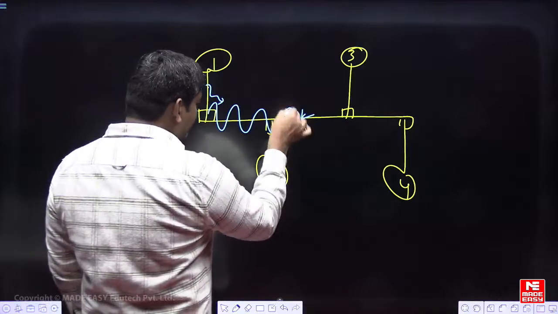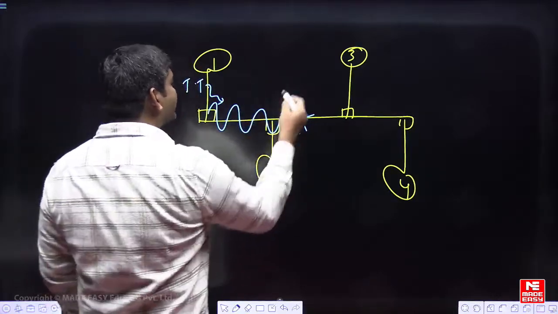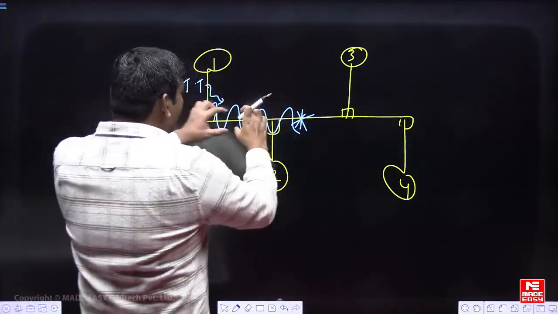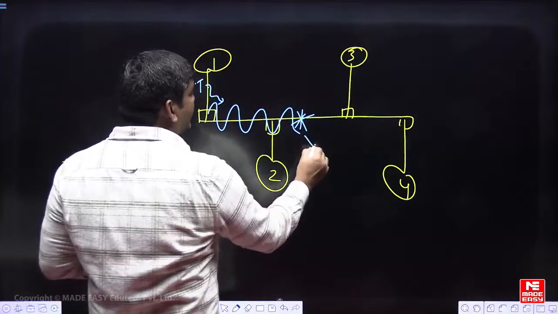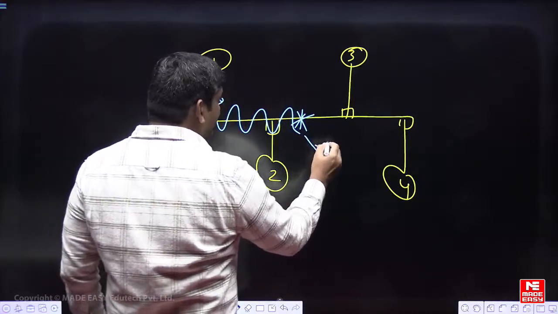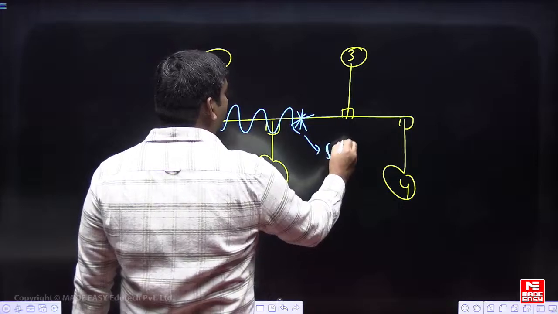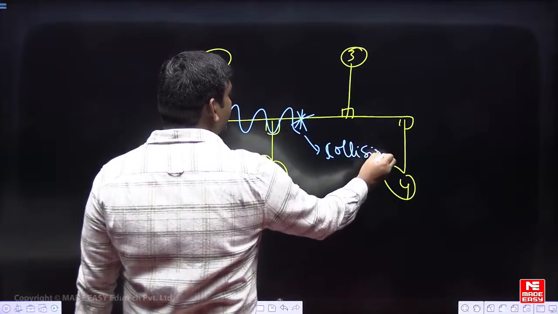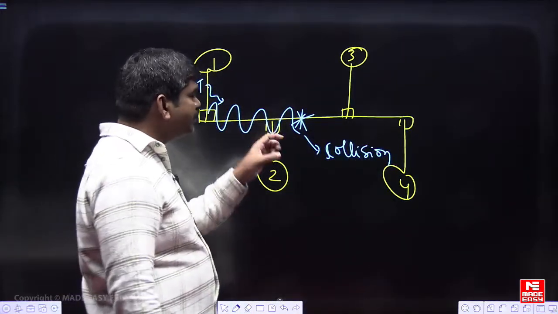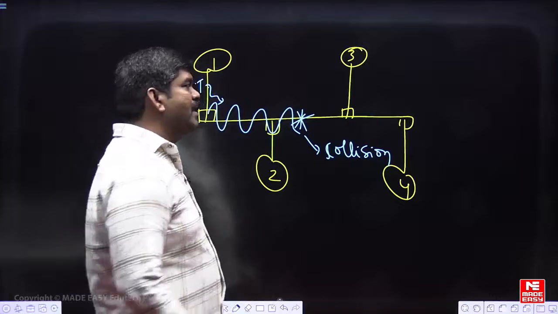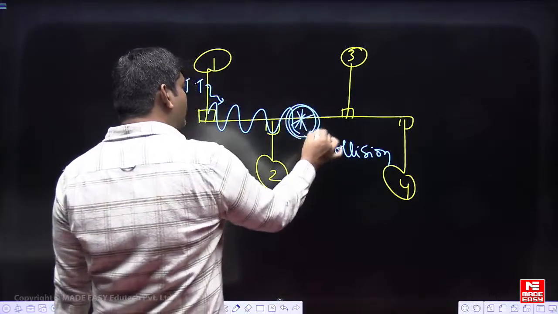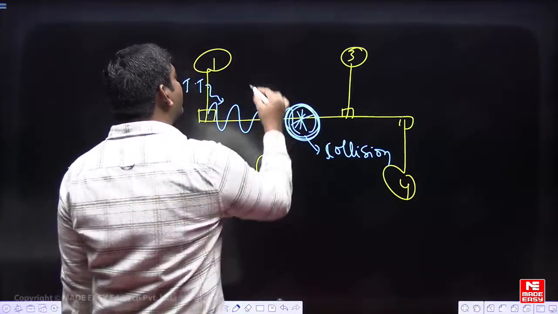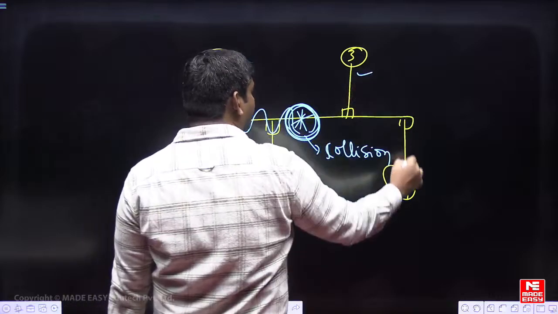The stations are spread across different places on this entire cable. So whenever there is a collision, only the nearest station will know about it. But the collision has to be known to all the stations.